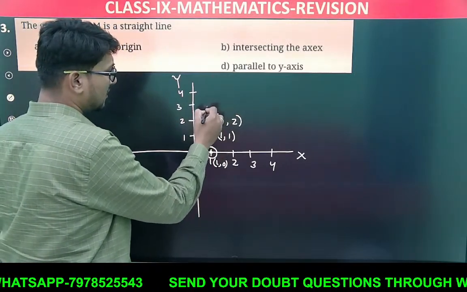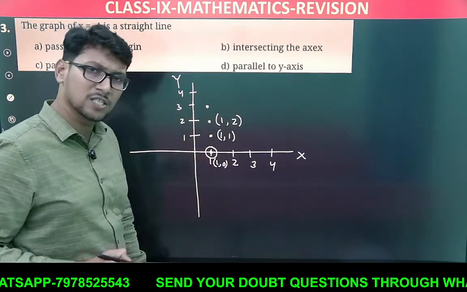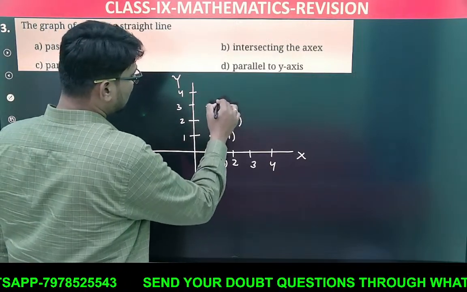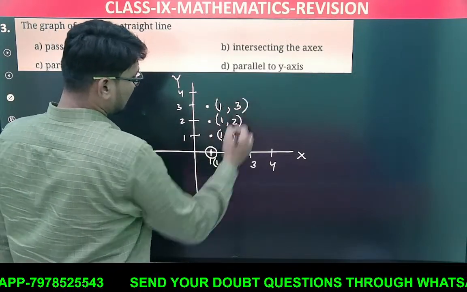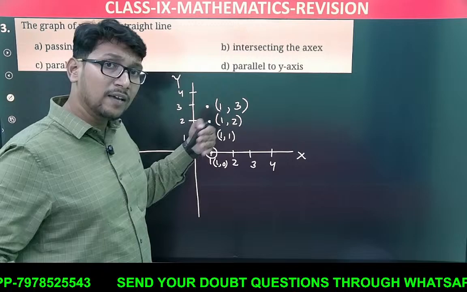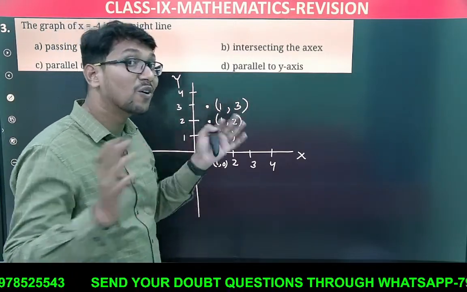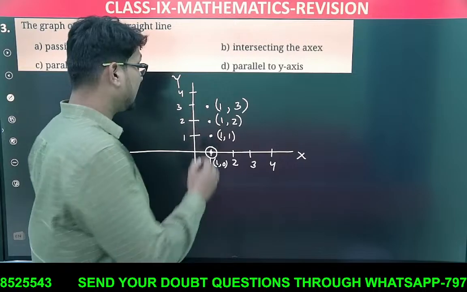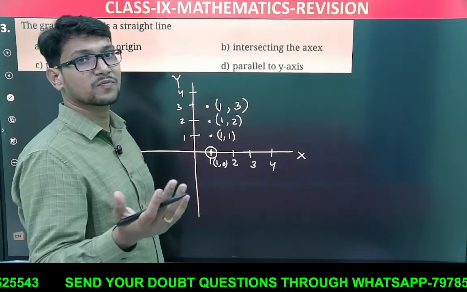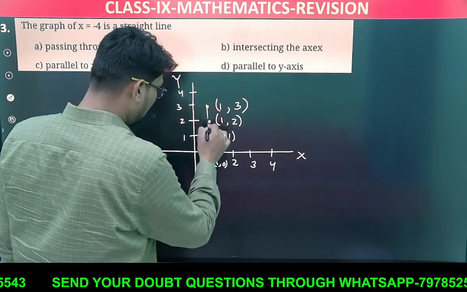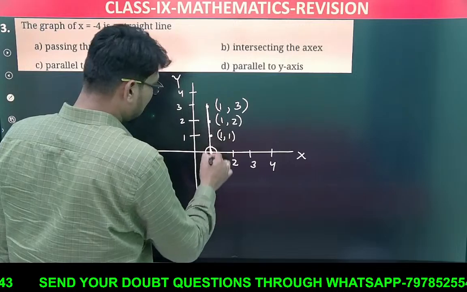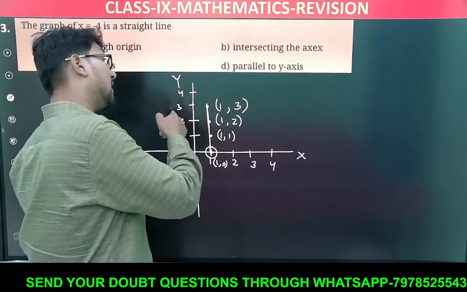X does not change. Similarly, this point's coordinates would be (1, 3). Y varies 0, 1, 2, 3, but which one does not vary? That is x. So if we join these points, it gives us a straight line parallel to the y-axis.